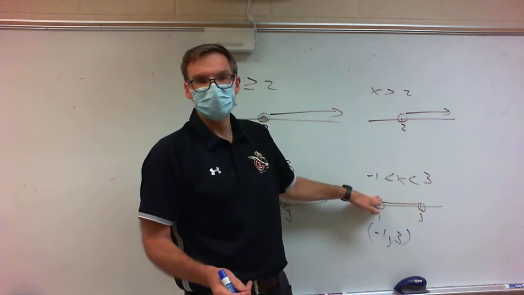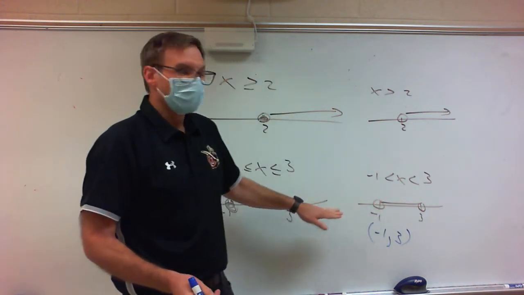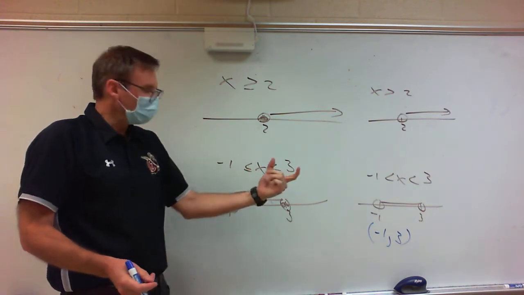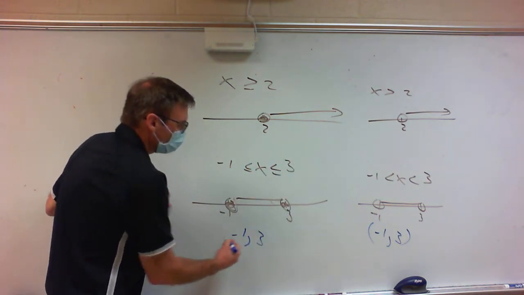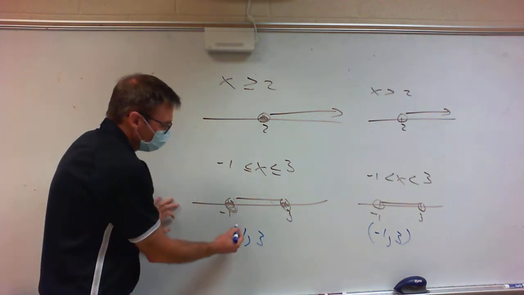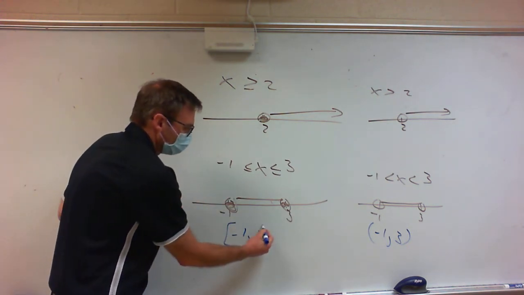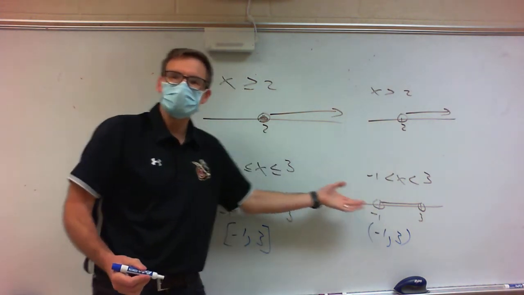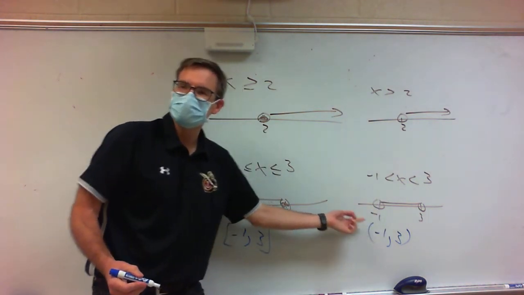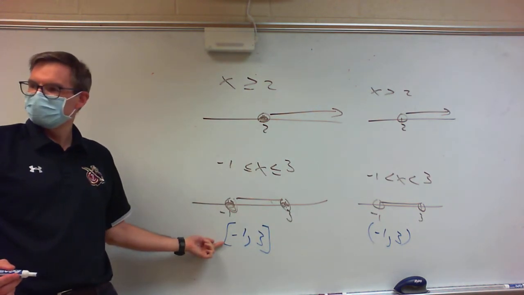This is describing that picture. Well, what's the difference if it's equal to? There's got to be some difference. I can start at -1 and go to 3, but when you include the endpoint, you use a square bracket. So the difference between open circles and closed circles is you get parentheses and brackets.